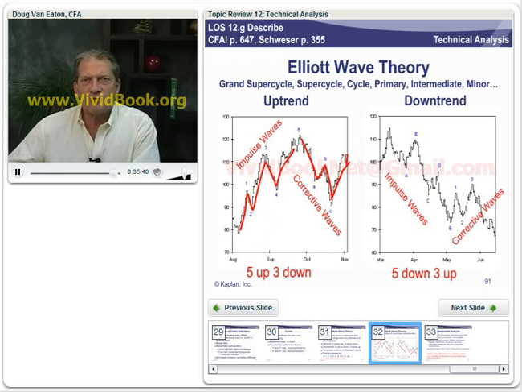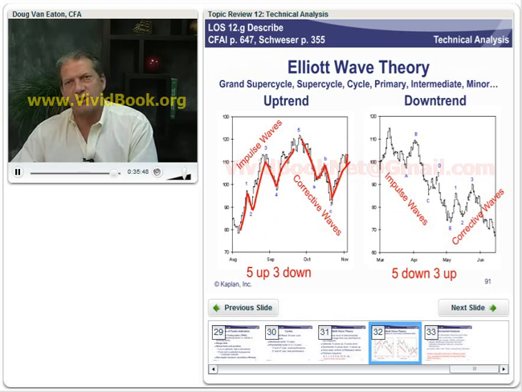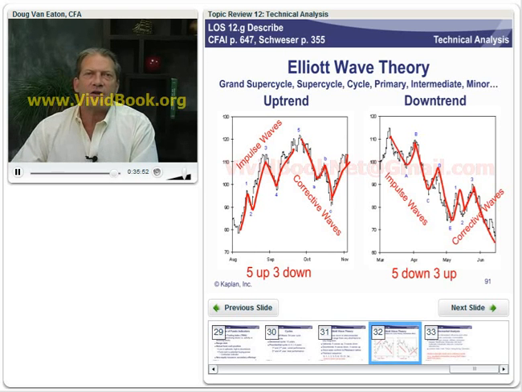The downtrend, you see our impulse waves are 1, 2, 3, 4, 5, and then our uptrend is 1, 2, 3, and then a resumption of our downtrend. And our cycle names: grand supercycle, supercycle, cycle, primary cycle, intermediate cycle, and minor cycle. I'm glad we didn't have to draw all of those.